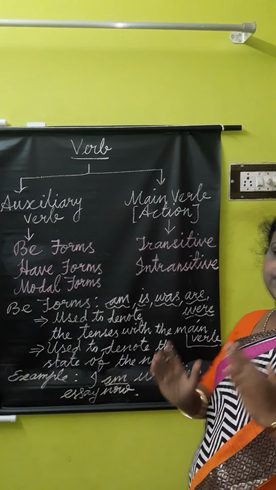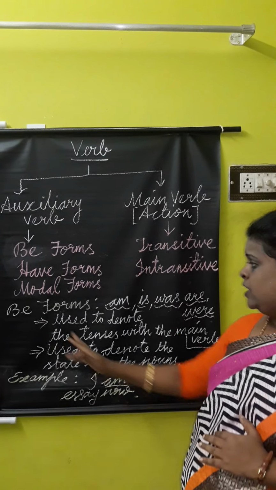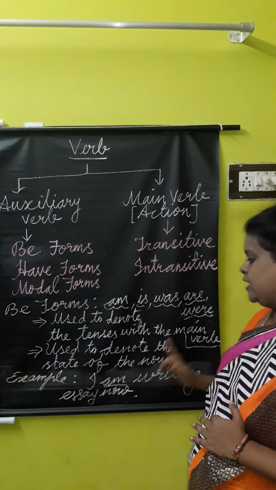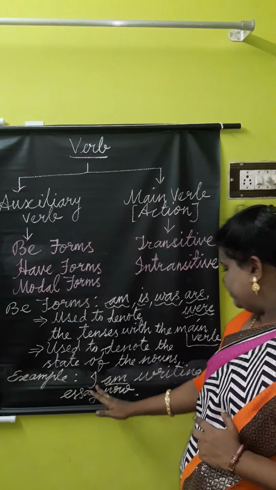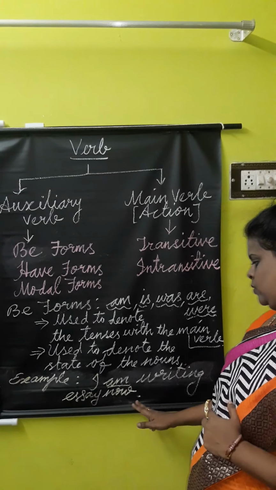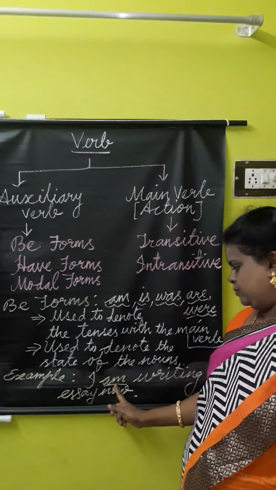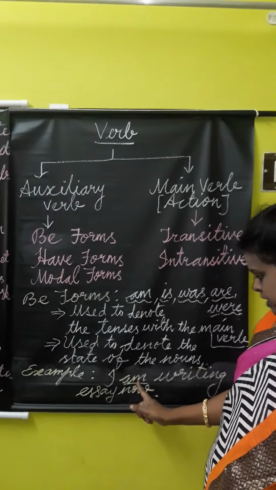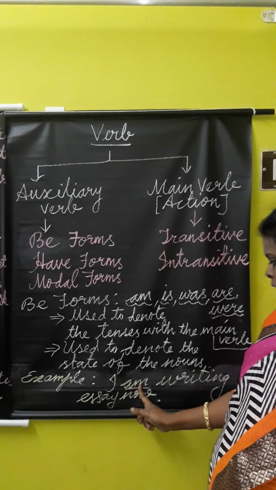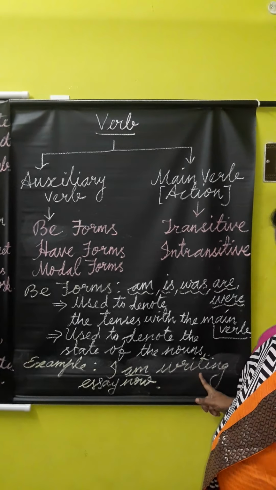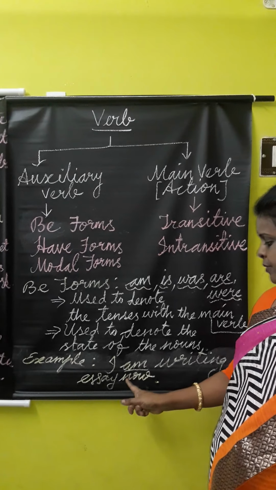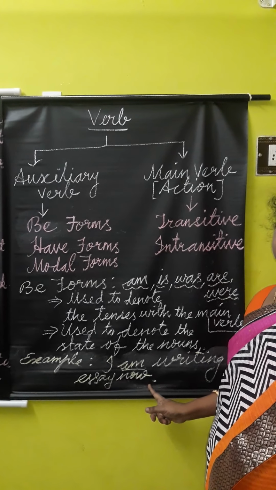He is a teacher, she is a dancer. So mainly it will be used for the state of the nouns. See, for example, I am writing essay now. So in this sentence, am is the auxiliary verb, be form. And in this sentence, this be form am helps the main verb writing to denote the present continuous tense.